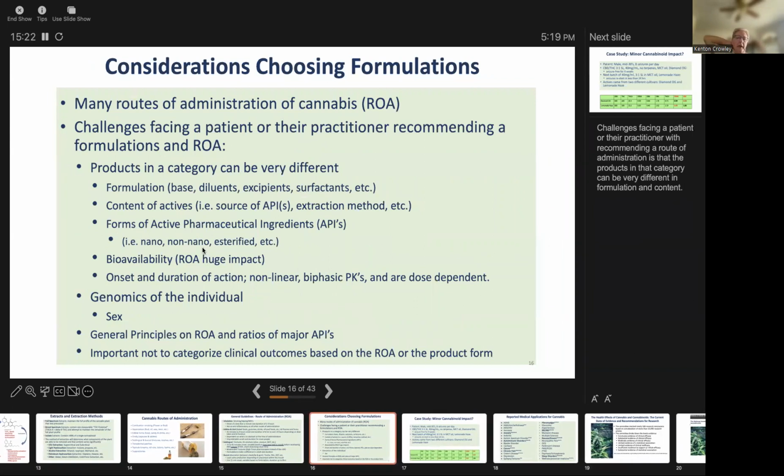Challenges facing the patient or their practitioner when recommending a route of administration is that products in any category can be very different in formulation and content.